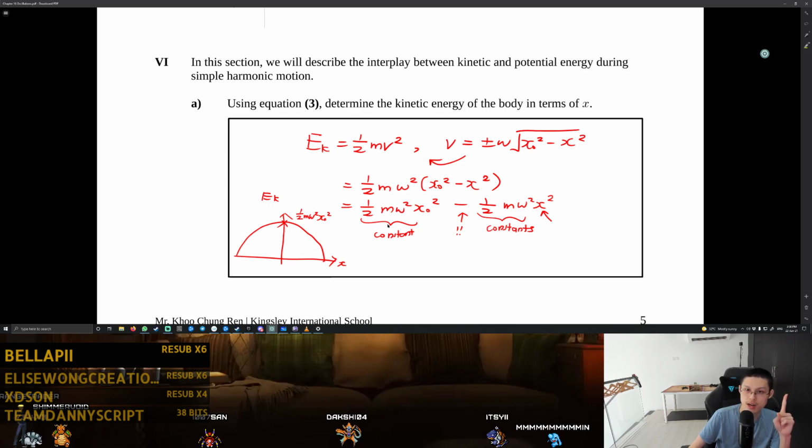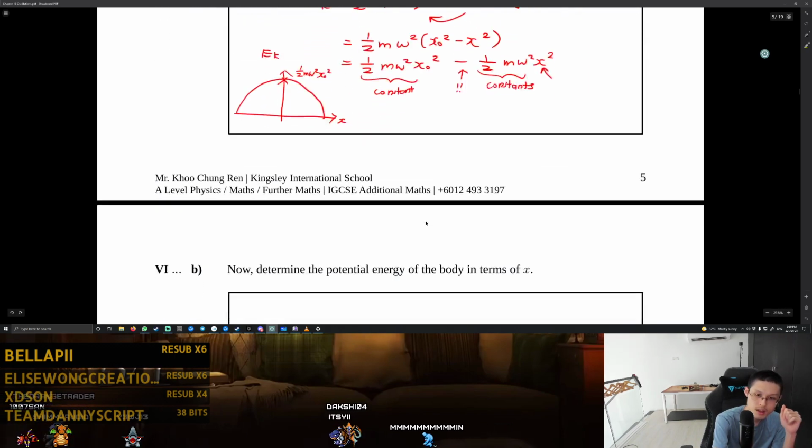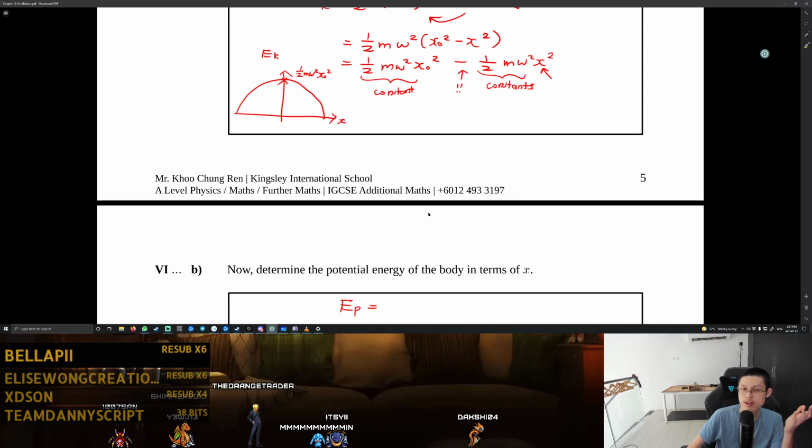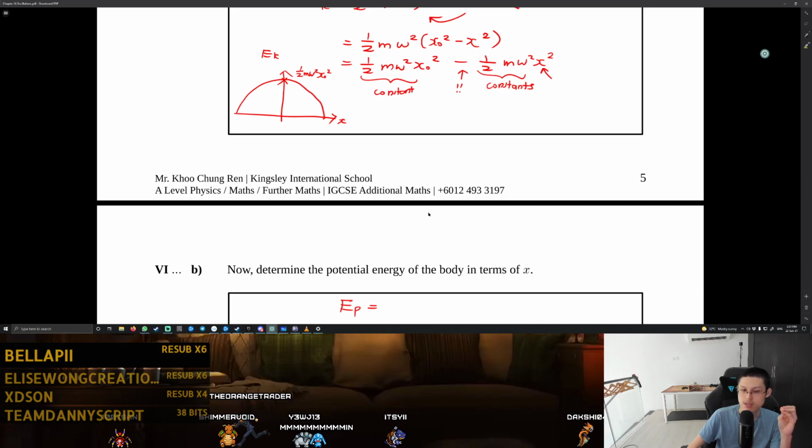So we're done with kinetic energy. How about your potential energy? Well, you've actually done this before in AS when we did Hooke's law, deformation of solids. For anything that obeys Hooke's law, what is the potential energy?